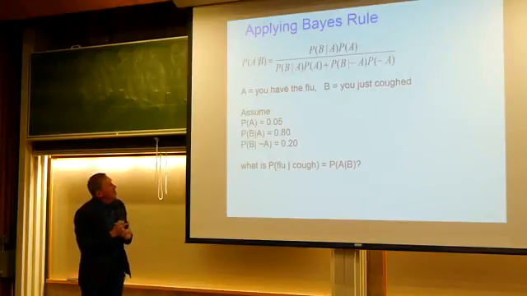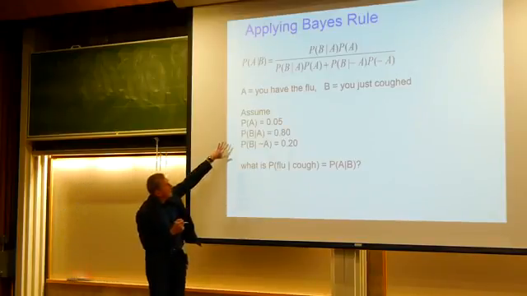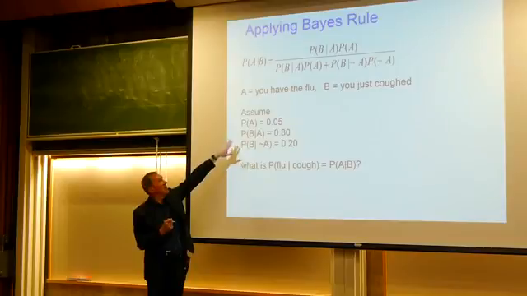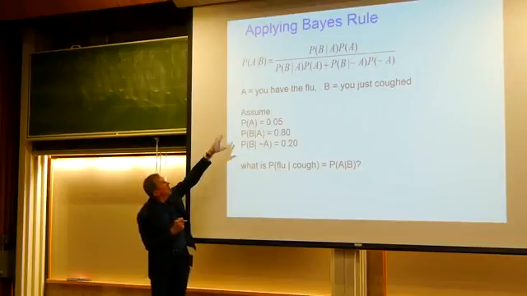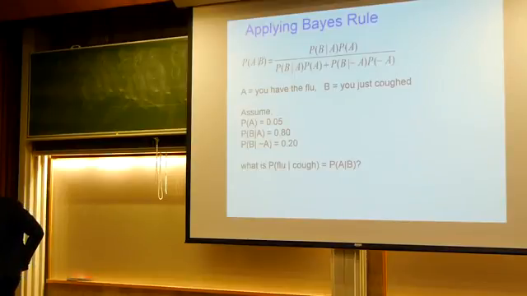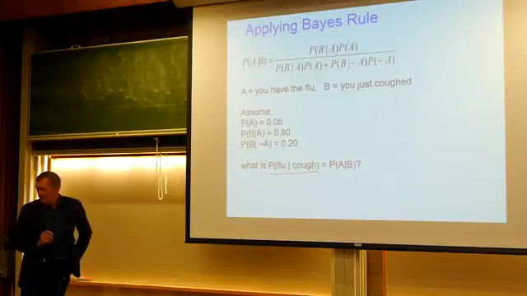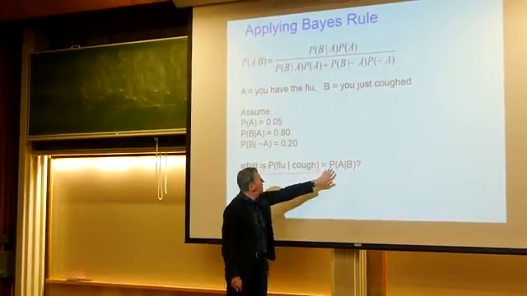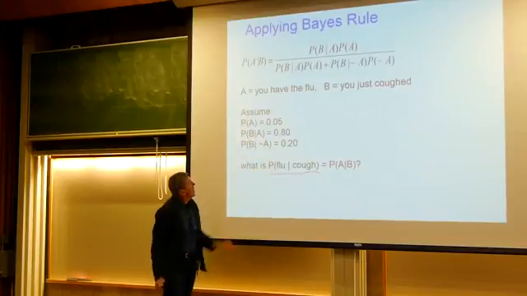And if we're going to use Bayes' rule, we have to define some probabilities that Bayes' rule requires. We could use Bayes' rule to ask, what's the probability that you have the flu given that you did cough? If we define A to be flu and B cough, then we can use Bayes' rule as shown up here.